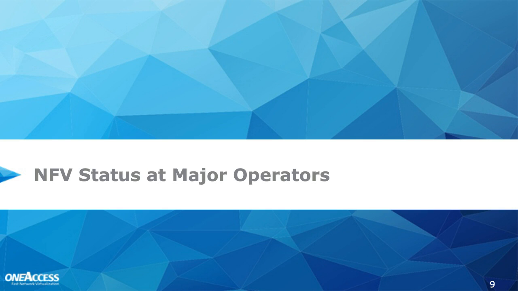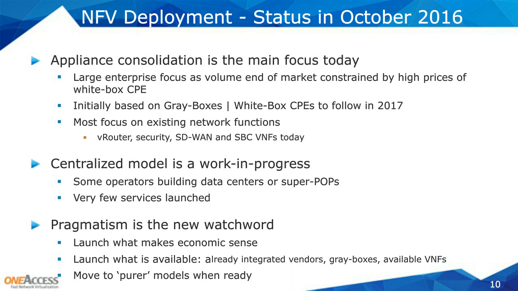So those are some of the issues from the purer approaches, and I think the operators will get there eventually, but it is a work in progress. And as we'll see in a minute, they're looking at a various range of options in order to get them to virtualization more quickly, bearing in mind some of these cost, complexity, and other issues that they have to address.